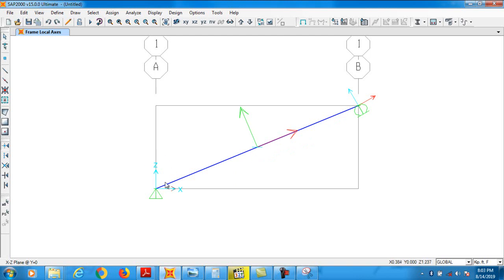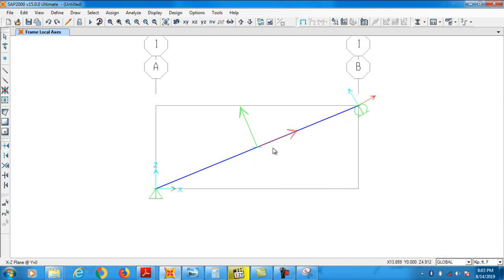So they are different from the global axis, as well as they are different from the local axis of this joint, because the z axis is now here perpendicular, whereas there the y axis is perpendicular. The local axis of this line element is passing through the screen, whereas the y axis of the local axis of this joint is passing through the screen. So this is the difference between local axis and global axis.